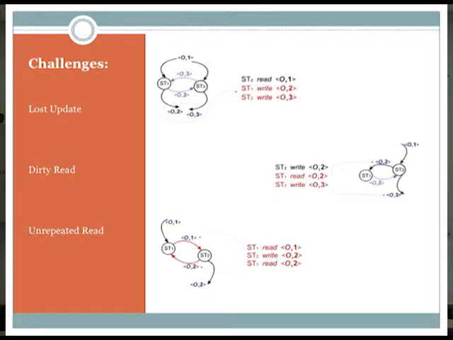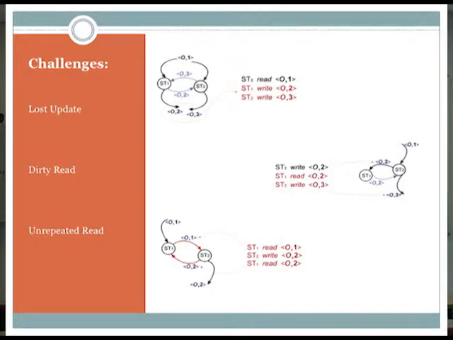That means if you write on something, there is no way for reading it by somebody else. And if something has been read by some transaction, any other transaction cannot write on top of it. Therefore, easily you can avoid the loop.